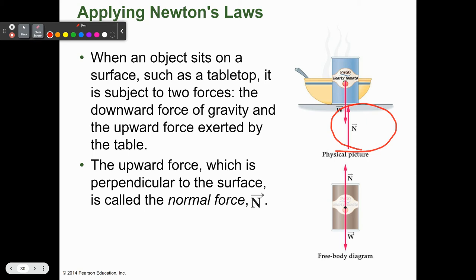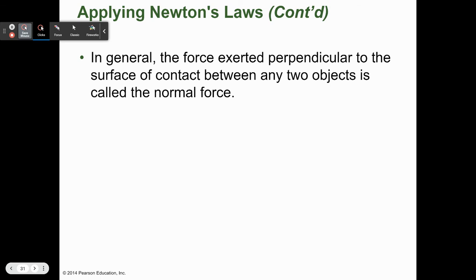So the upward force, which is perpendicular to the surface, is the normal force. The force exerted perpendicular to the surface between any two contacts, that's what we always call the normal force.